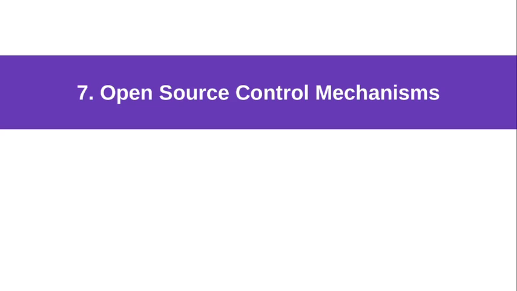With that, I want to take a look at how open source software is useful to you as you're including it in your products, but also as how you might make your product available as open source.